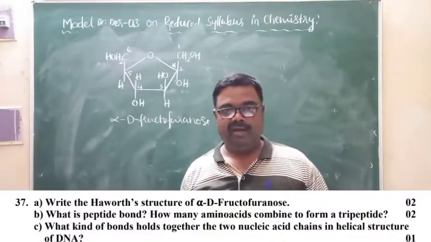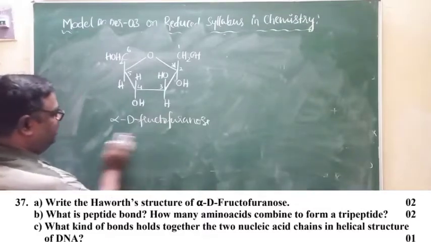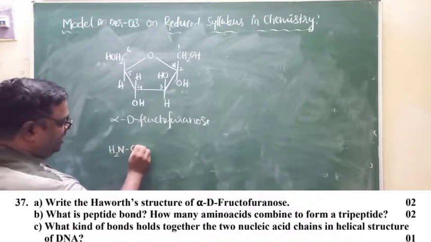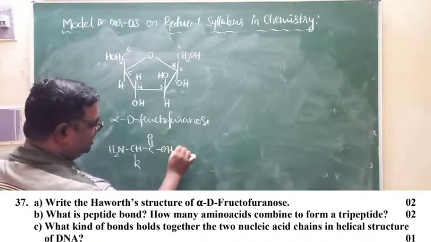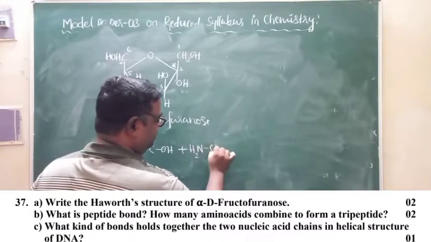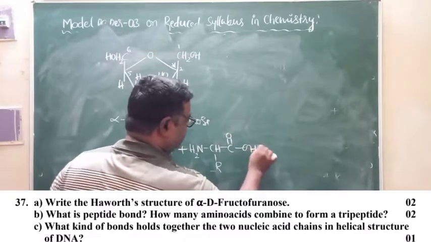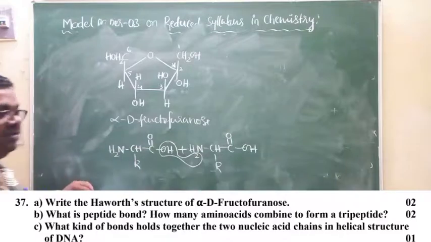Okay? What is peptide bond? Peptide bond is the amide linkage that is formed when the carboxyl group of one amino acid is condensed with the amino group of another amino acid.